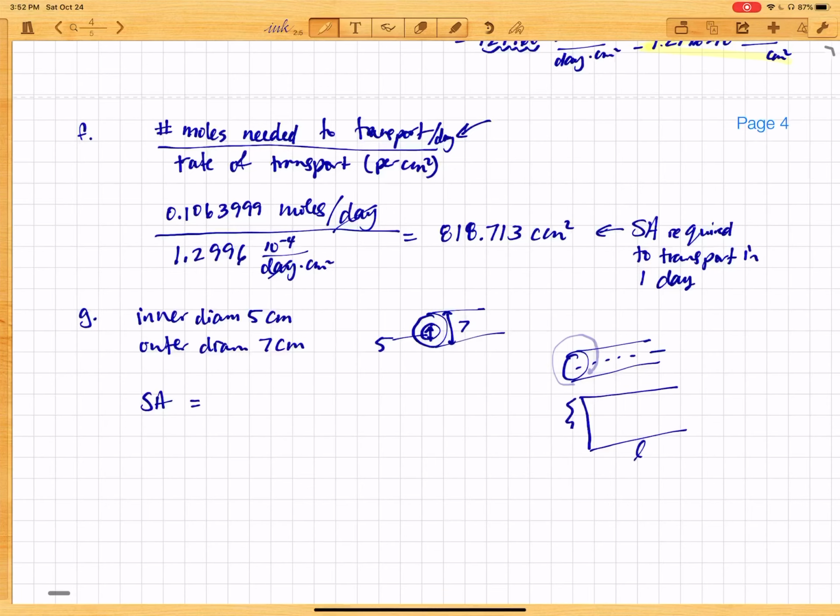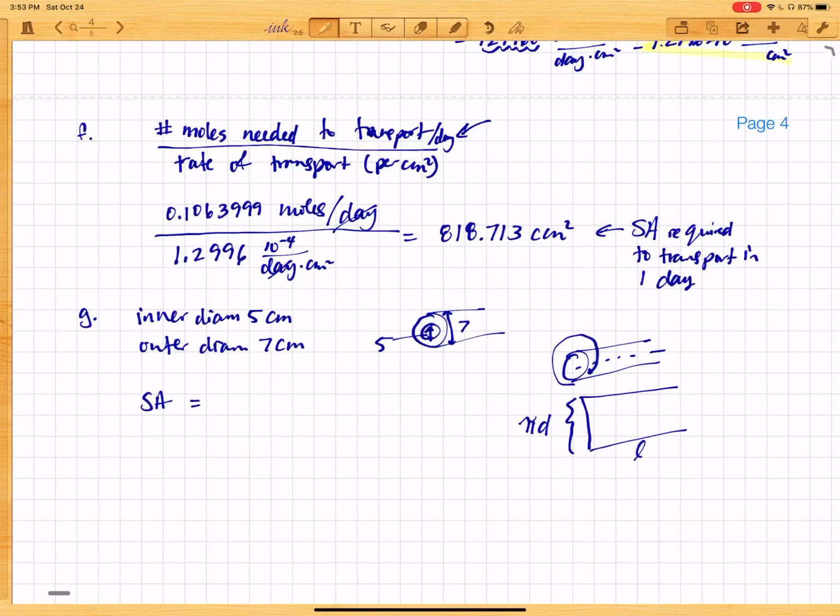So this circumference is just pi d, the circumference of a circle. Do we use the inner diameter or the outer diameter? Since the absorptive surface is on the inner diameter, we're going to use the inner diameter.